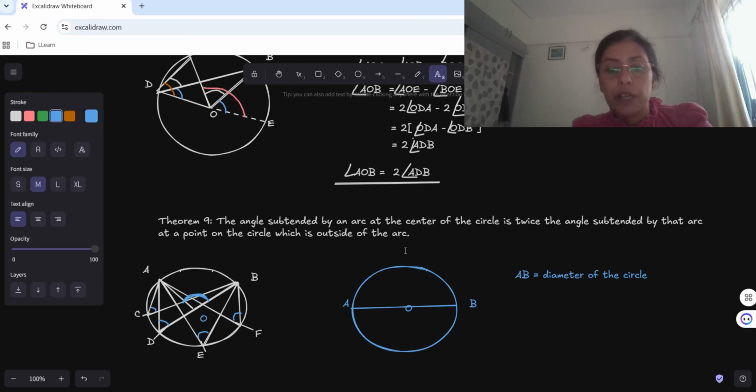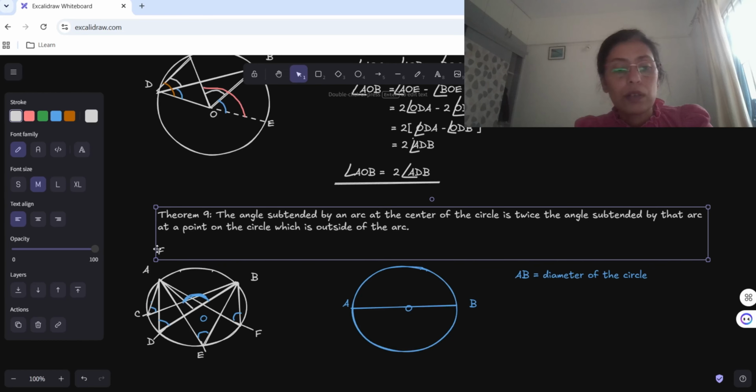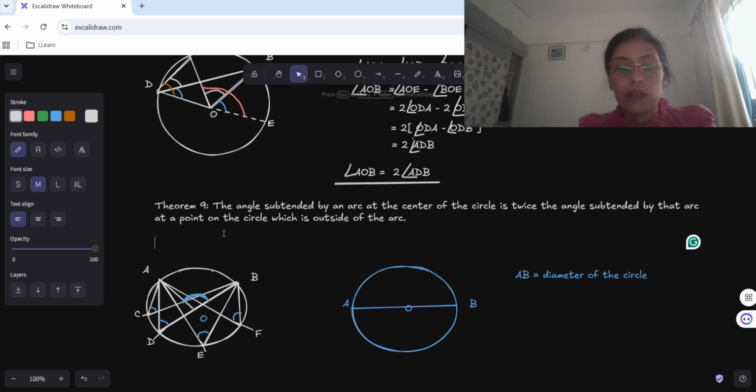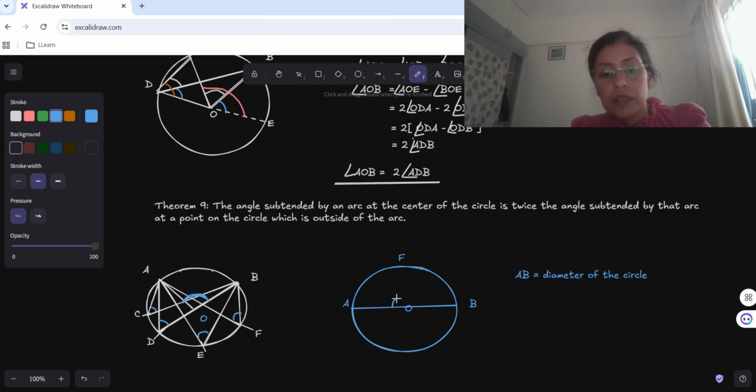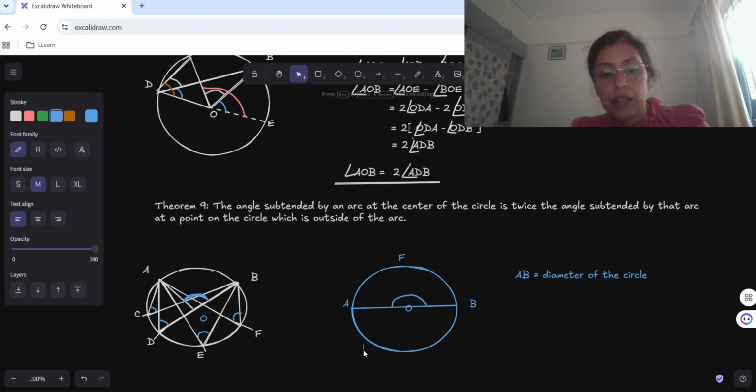I will define a point here. I'll call this point F. Okay. So what I want to prove now is, I'll take a point on the other side.